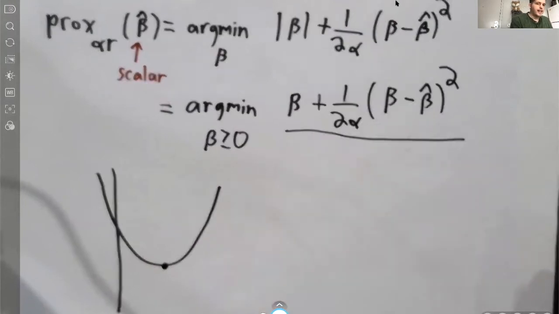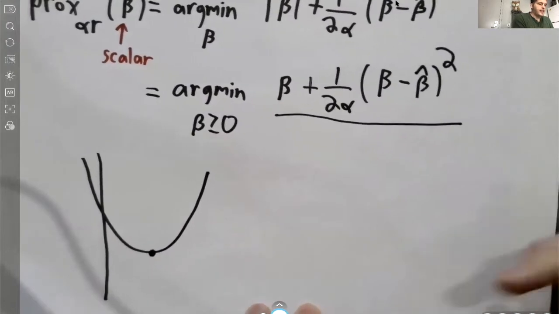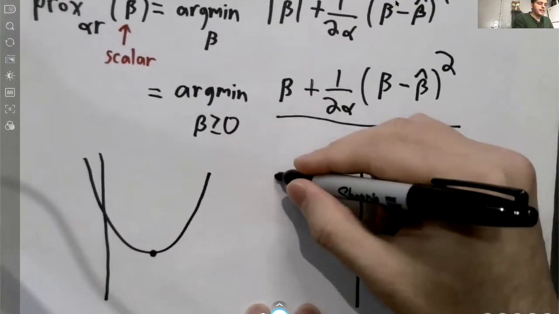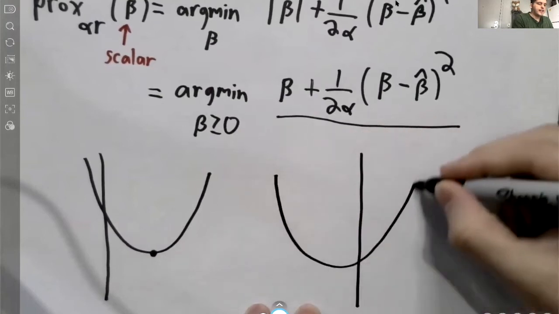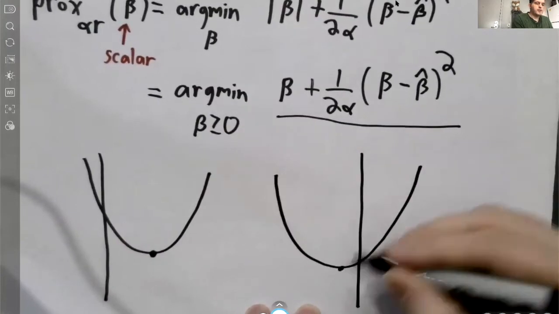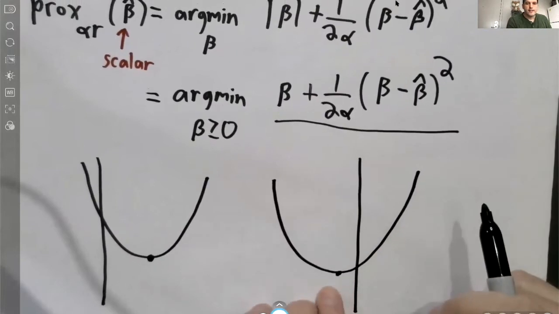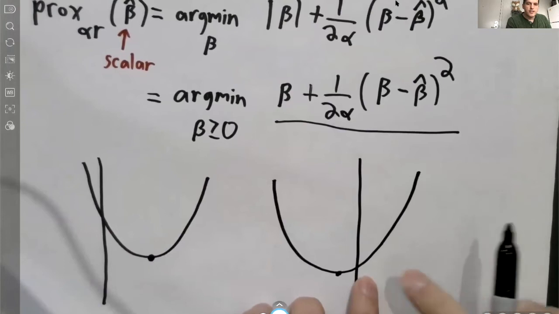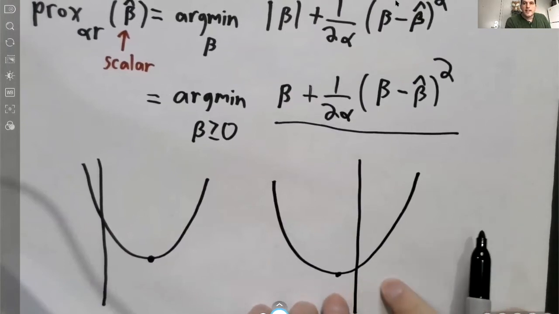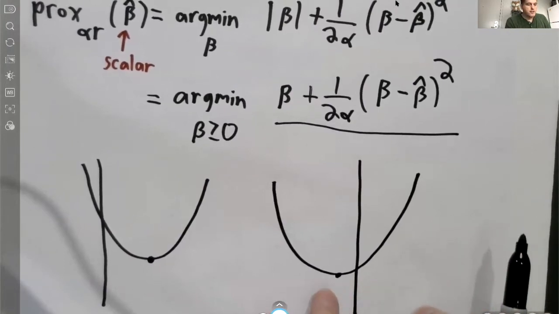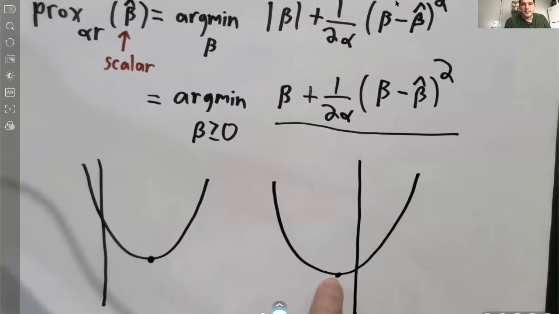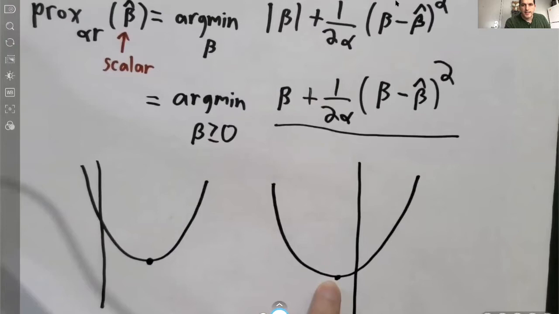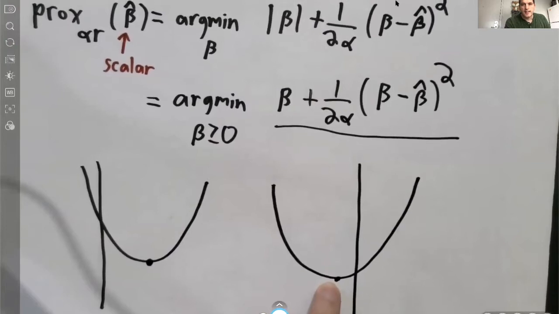And the other case is that here's the y-axis. Case 2 is that the vertex of this parabola is somewhere to the left of the y-axis. And we're restricting our attention to non-negative values of beta. So this negative value of beta that corresponds to this vertex is not in consideration.